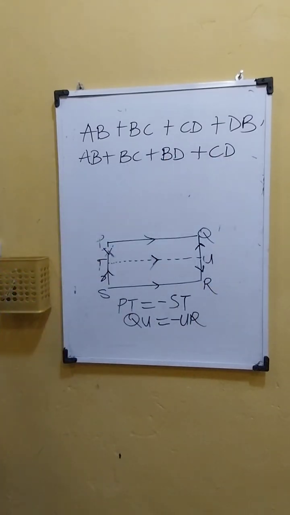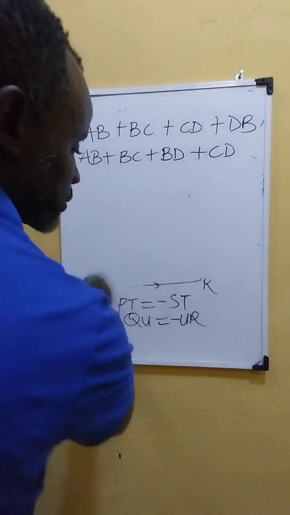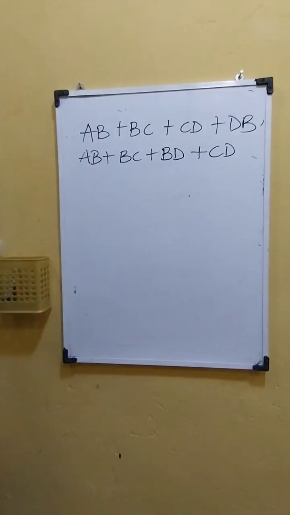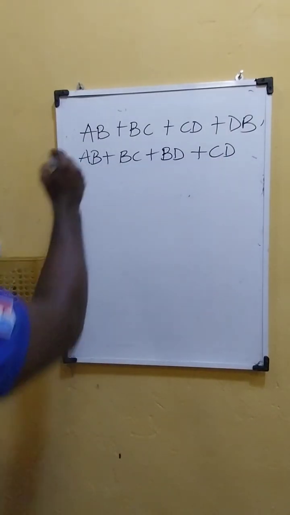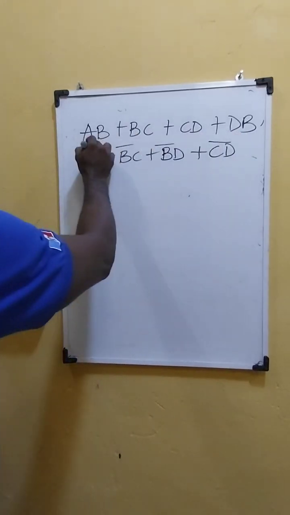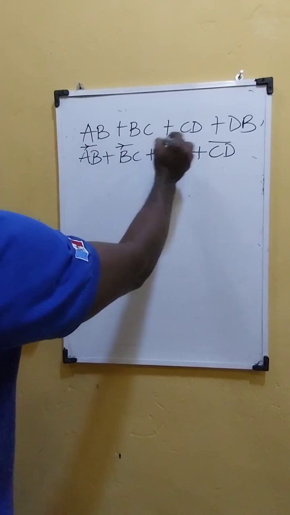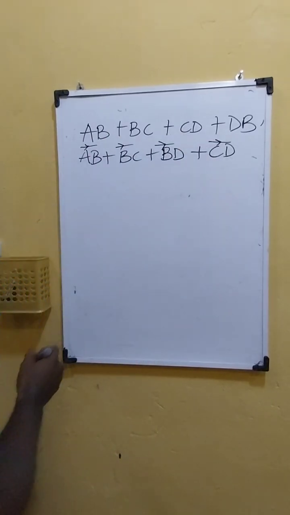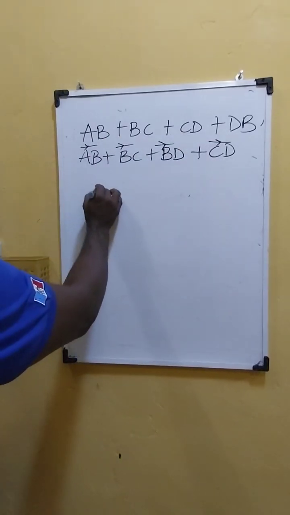Now that we have it like this, and you are told to show, John, this will help you to understand it. Show the movement of this vector, which is like this. So we have AB.